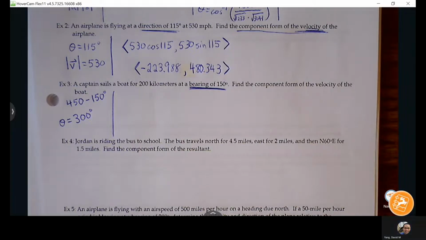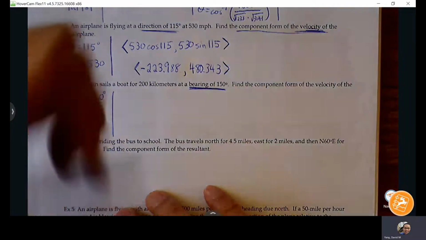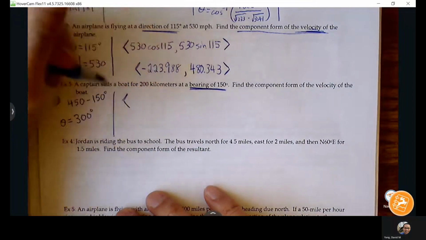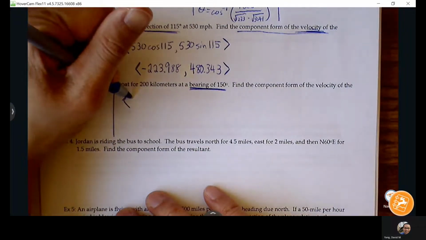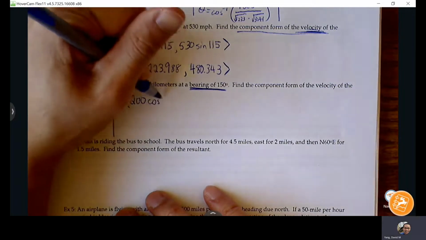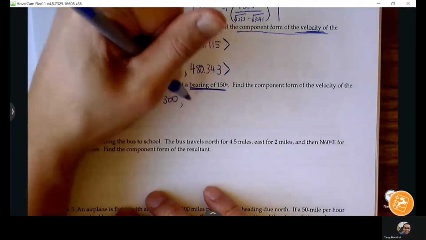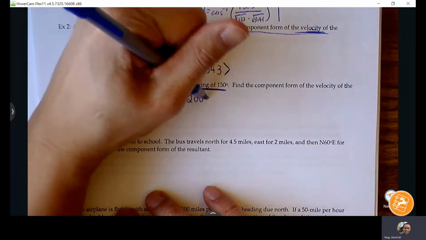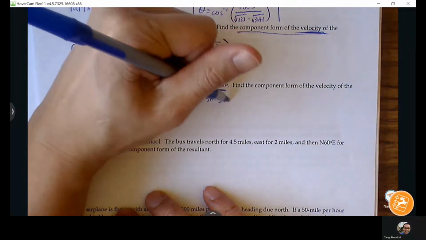Magnitude cosine of theta, magnitude sine of theta.